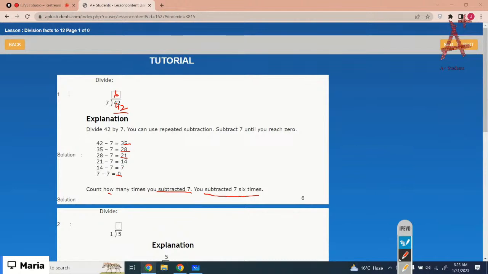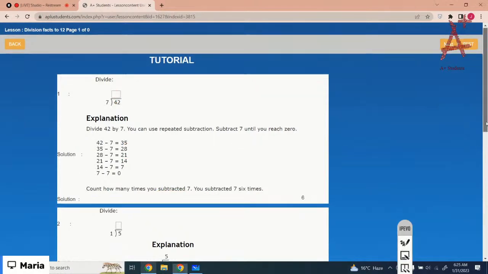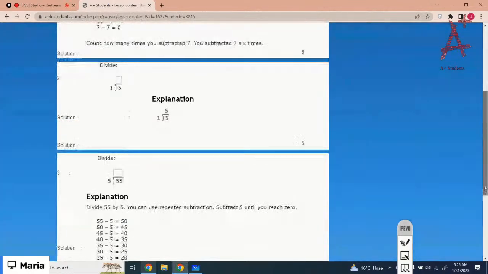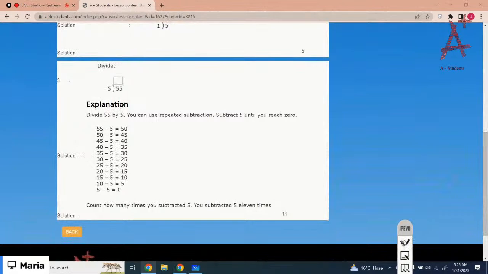Okay, the next one is 55 divided by 5. So you have to subtract 5 again and again from 55 until you get 0. Got it? Like 55 take away 5 is 50. Now you have to subtract 5 from this one. 50 subtract 5, 45. 45 subtract 5, 40.